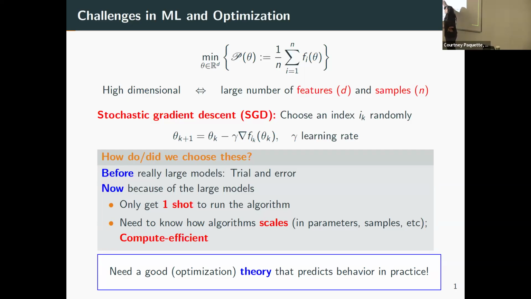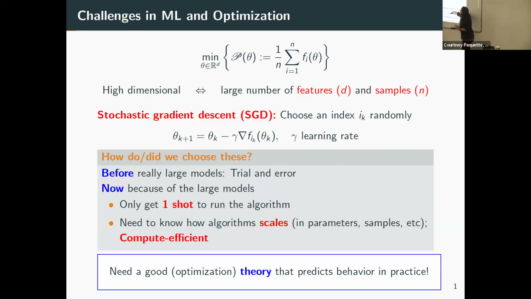It's not computationally efficient. You basically only get one chance at running the algorithm, because each time you run it, it's going to take 7 months and cost $10 million. So you have to know a priori before you start running all of these things.